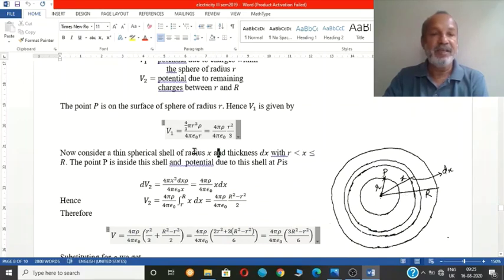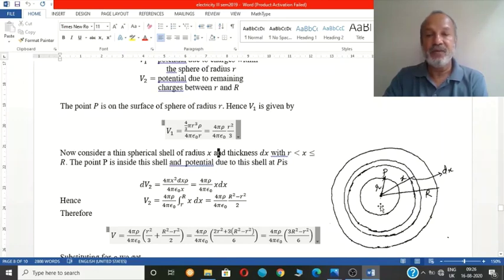V1 we can easily calculate. V1 is the potential due to charges contained within the radius r. P is a point on the surface, so the potential will be Q by 4 pi epsilon 0 r, where Q is the charge contained within r, which we can calculate using the charge density.